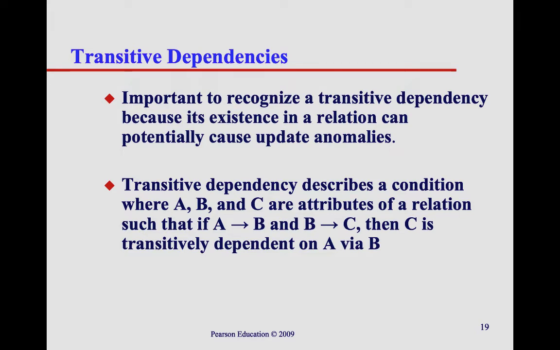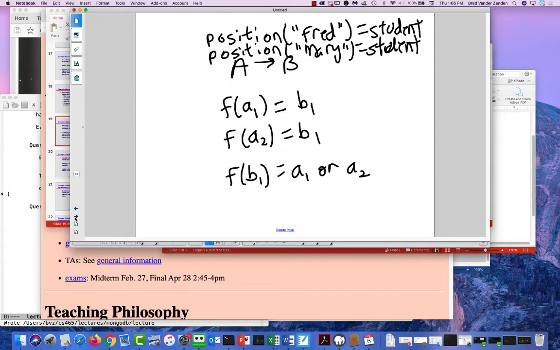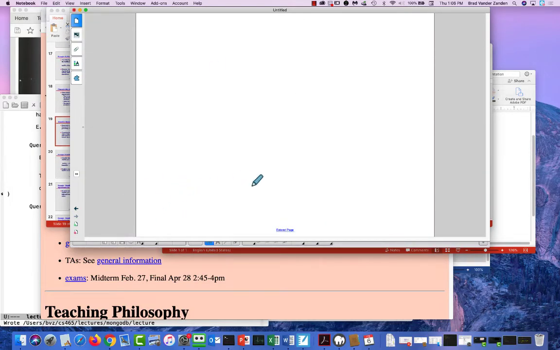Okay, so as an example, let's come back here. We have staff number uniquely determines a branch number.